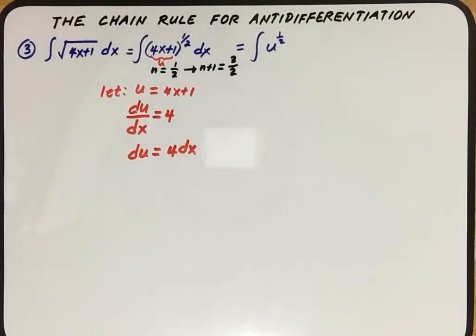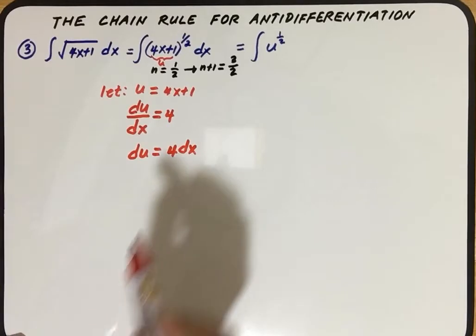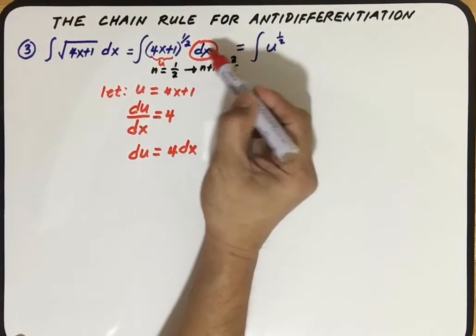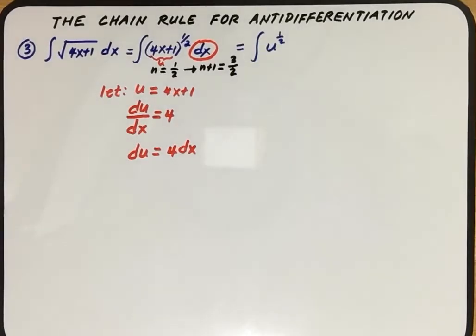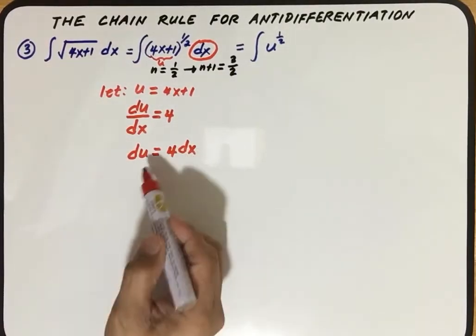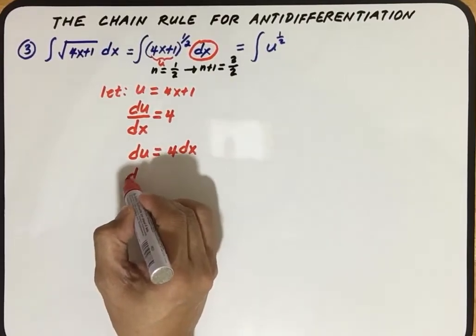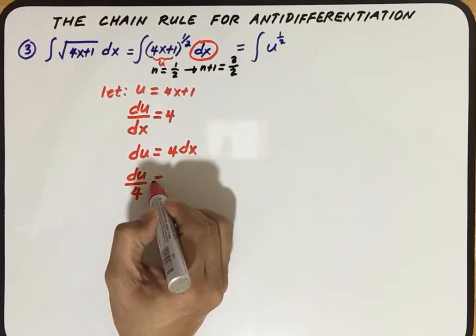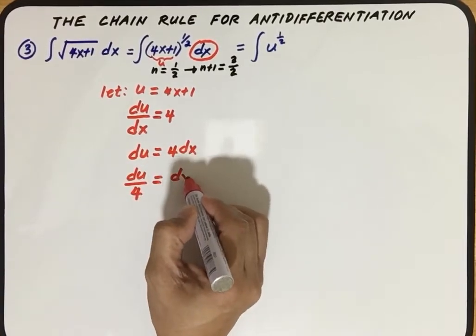But what we need here is to find the value of dx in terms of du. So what is dx in terms of du? That will be taken from this equation. If you divide both sides by 4, du divided by 4 is equal to dx.